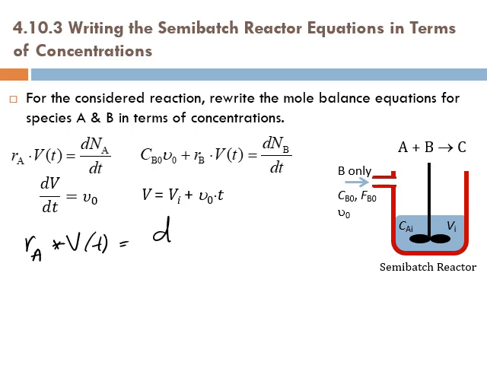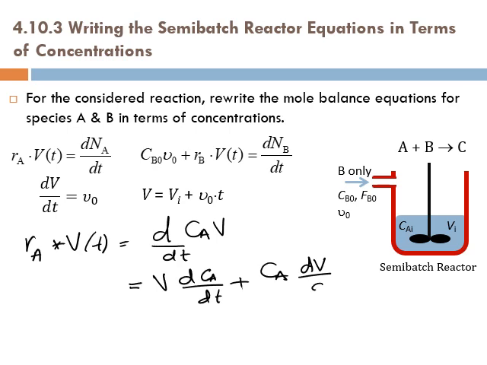Of course, we can write NA as CA times V, correct? And here we can use the chain rule, or the distribution rule, and we can write the above equation as V dCA by dt plus CA dV by dt, correct?